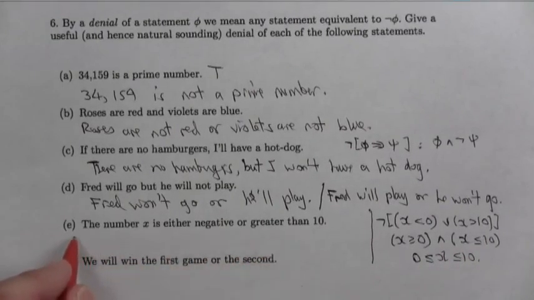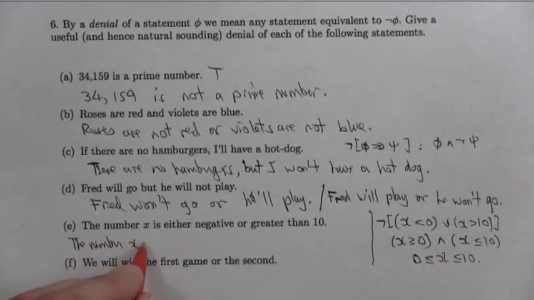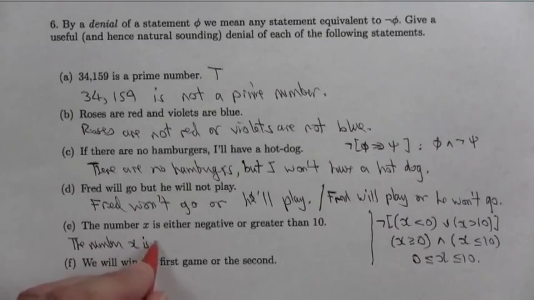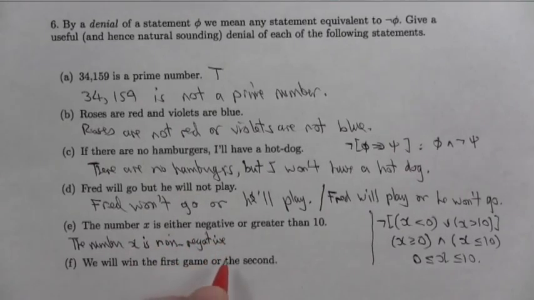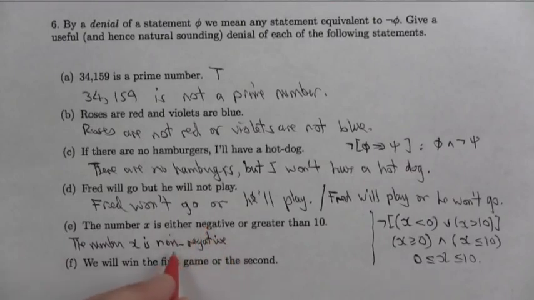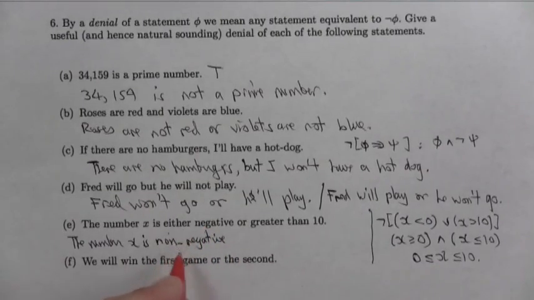If you do it in English, you're going to have to say something like the number x is non-negative. You can't say positive because the negation of negative is not positive because of 0. You've got to say non-negative.